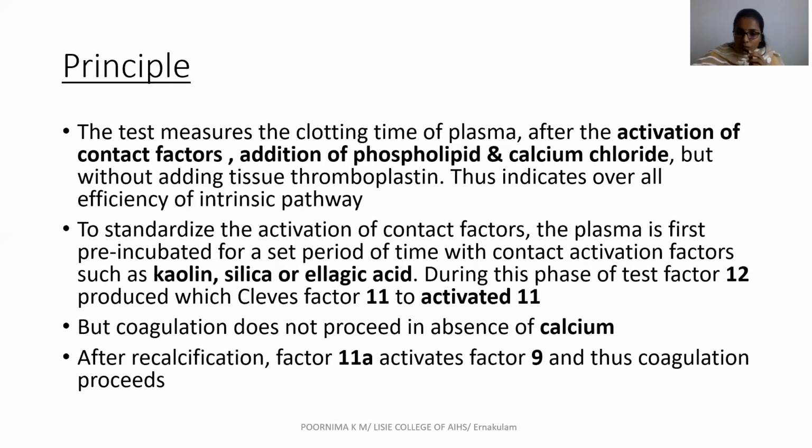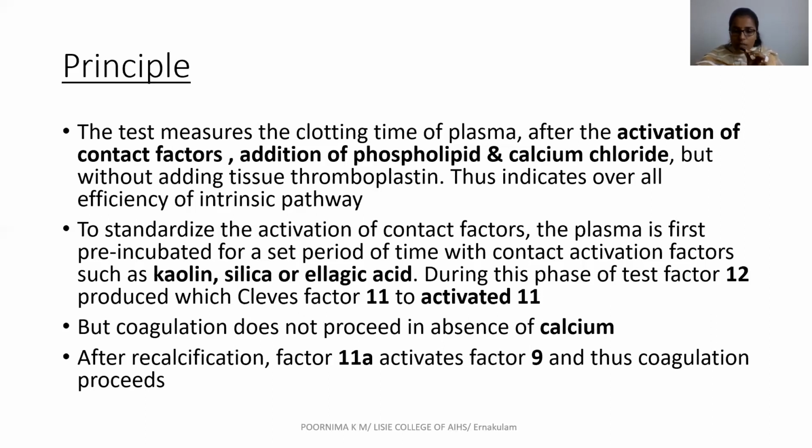Okay. So now when we add calcium to the pre-warmed patient plasma along with the contact factors, it causes activation of factor 11. So now the activated 11 causes activation of factor 9. So activated factor 9 in presence of factor 8 causes activation of factor 10.